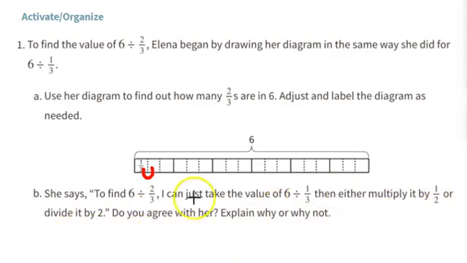Here's why. 6 divided by 1/3 is going to give us 18, right? She says that you either multiply it by 1/2 or divide it by 2. Why? Because we're going to make that into groups of 2, because we need 2/3, right?